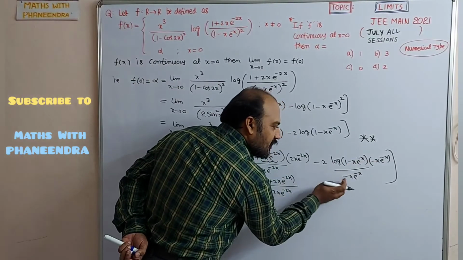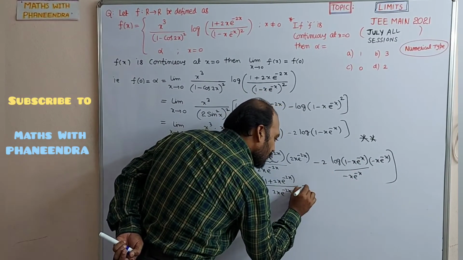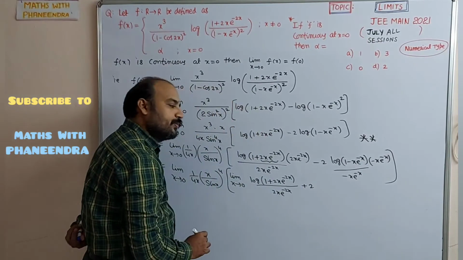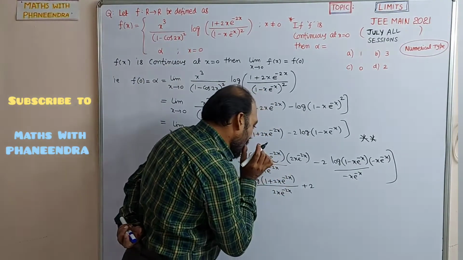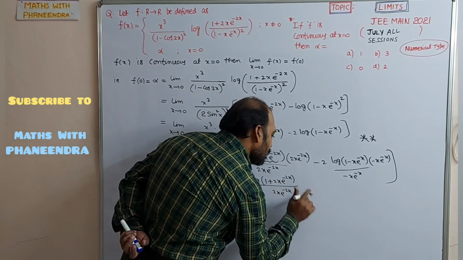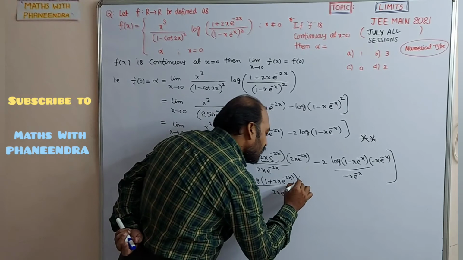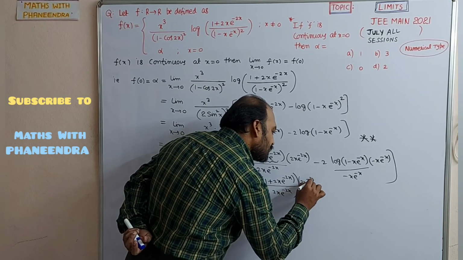Minus into minus is plus, 2 into, here I forgot to write 2 into, this value is also there now. The limit applies for this only, and the rest of the term is 2x e power minus 2x.